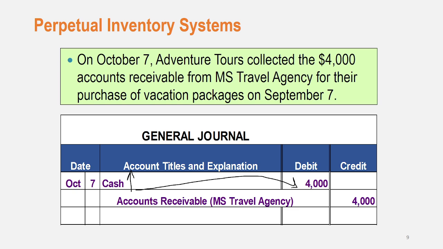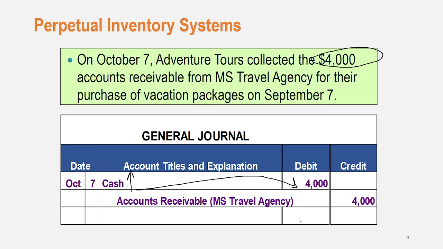And the next account is accounts receivable for MS Travel Agency. This account is credited by 4,000, and 4,000 is the amount of the debt.